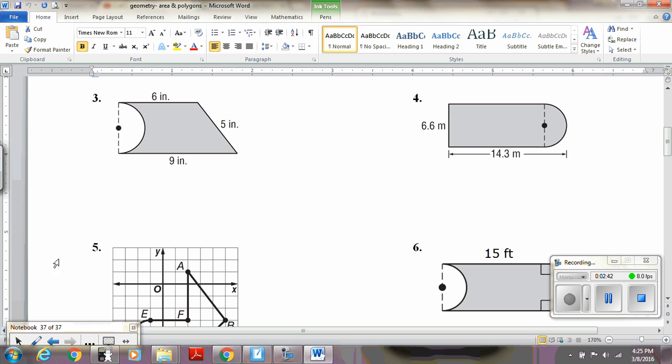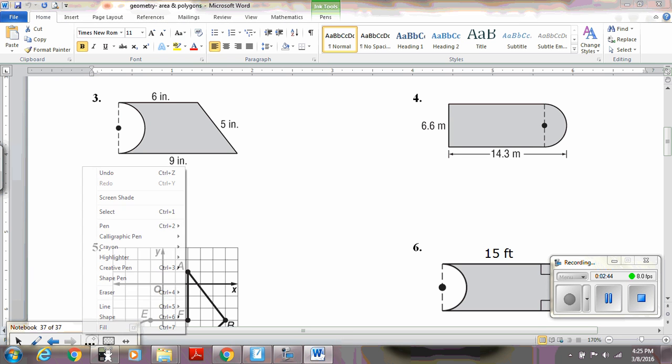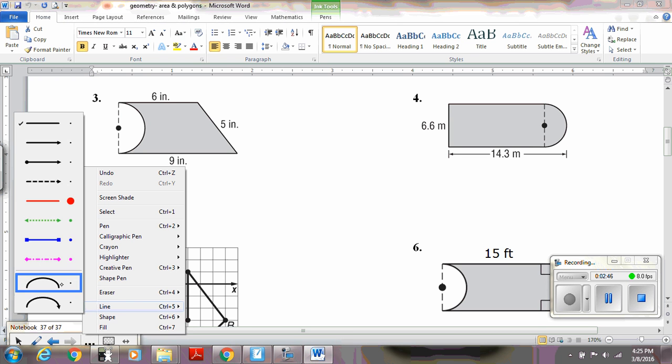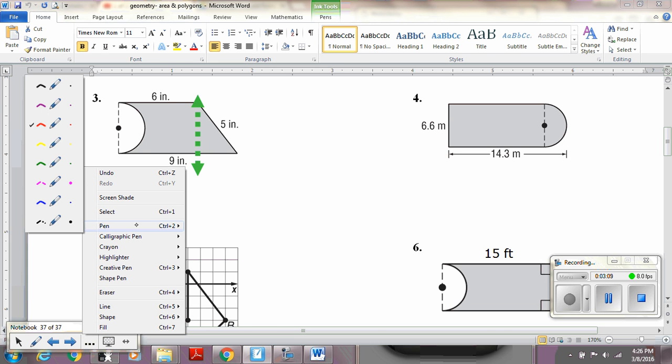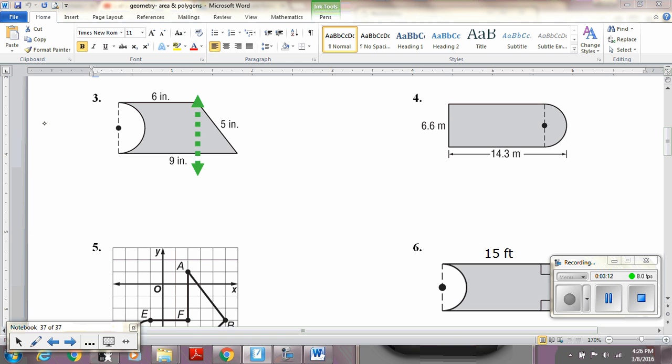For number 3, what I did, and other people will do other things, was I broke this into a triangle. Knowing that the entire bottom is 9 and just a portion of it is 6, I know that I'm missing 3. And the 3 would represent the bottom of the triangle.